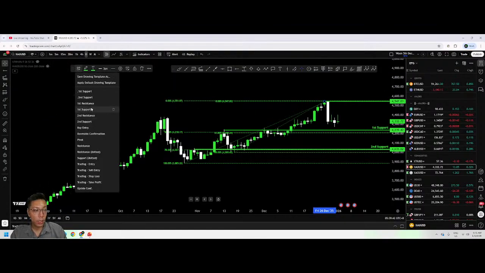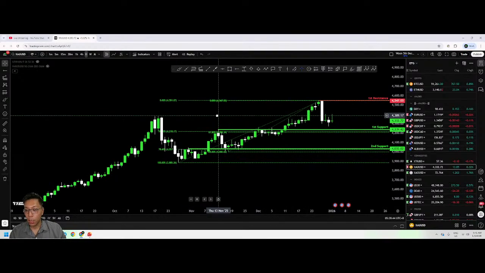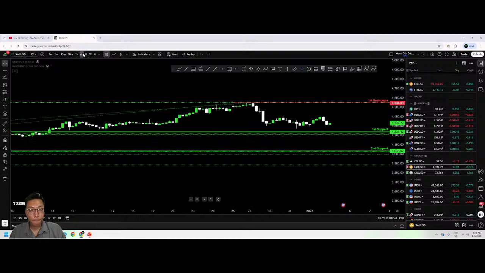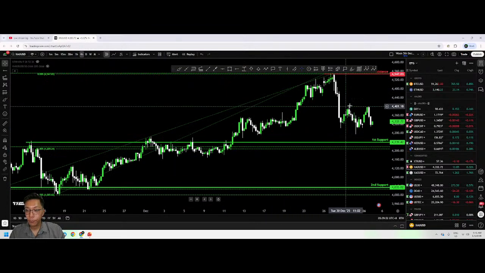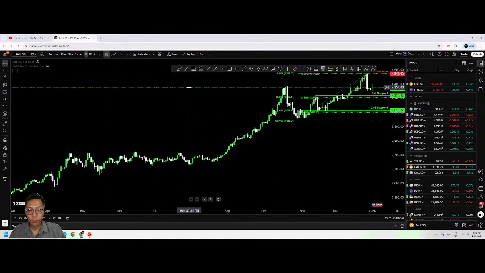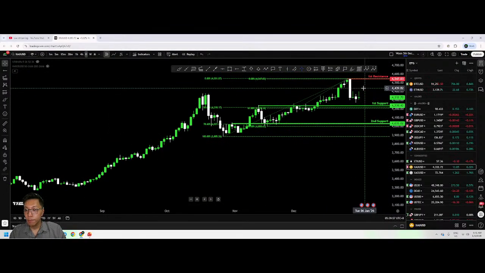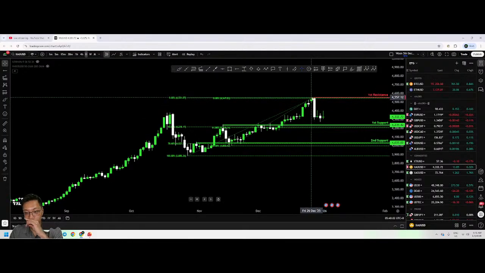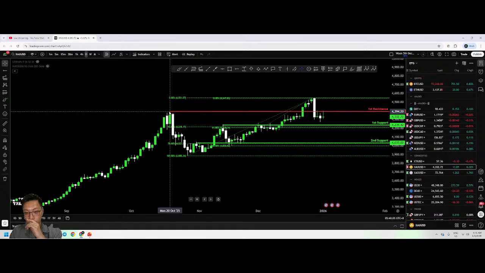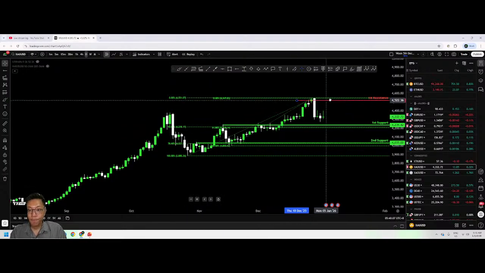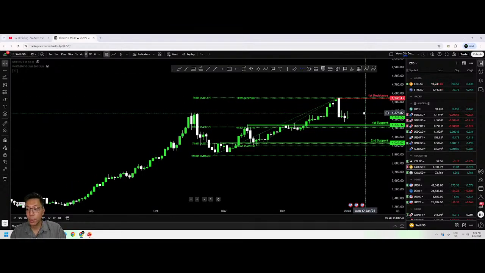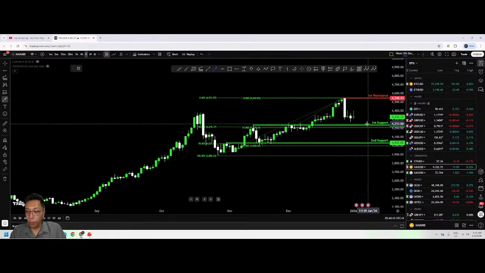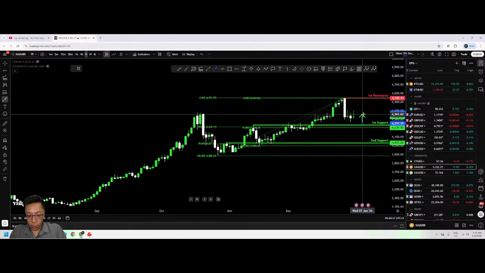Just one is good enough. I think we can just put this first resistance level over here. So we are looking for price to bounce off from here.